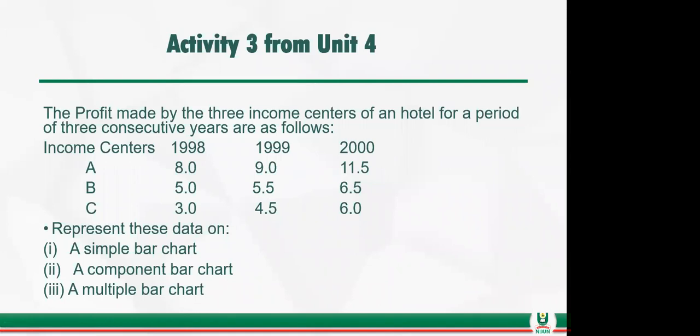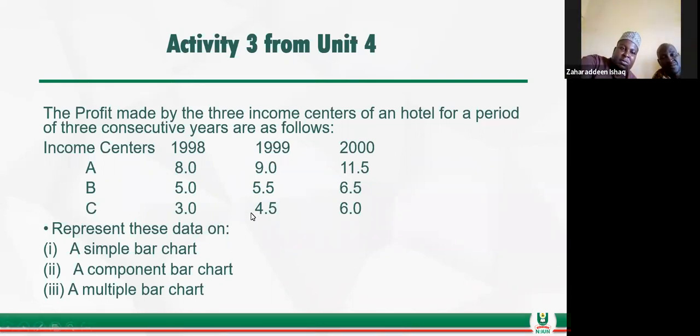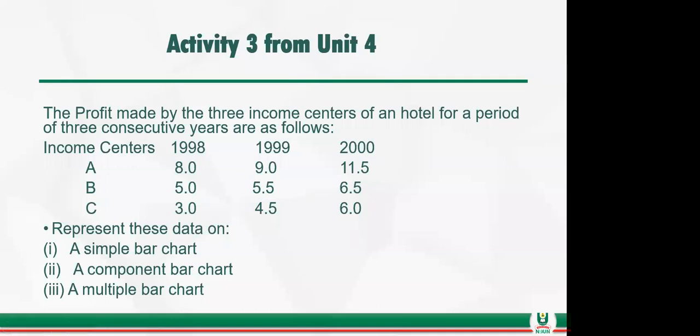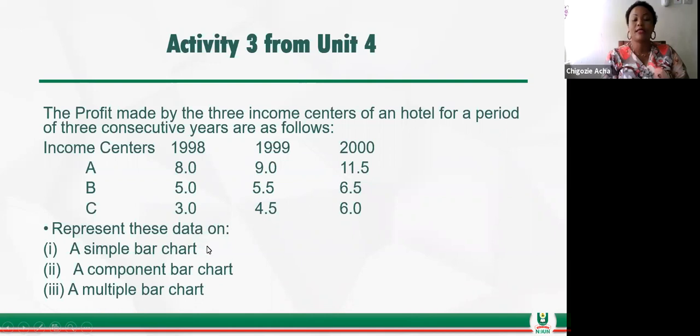We have income centers A, B, and C, captured under three years: 1998, 1999, and 2000. You are expected to look at pages 50 to 53 on how to construct a simple bar chart, component bar chart, and a multiple bar chart.